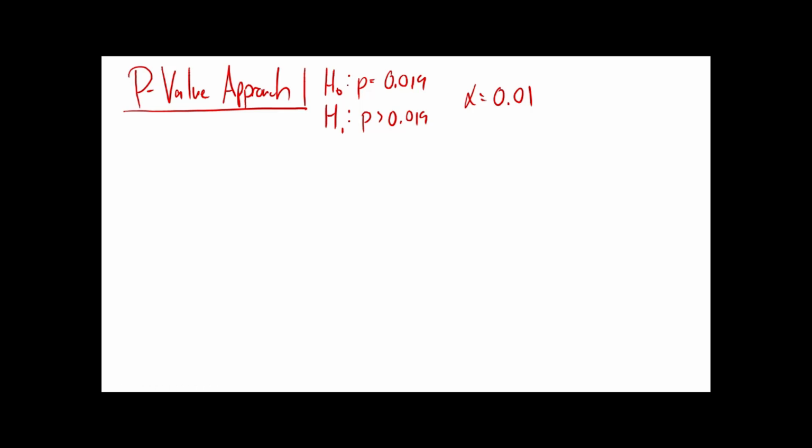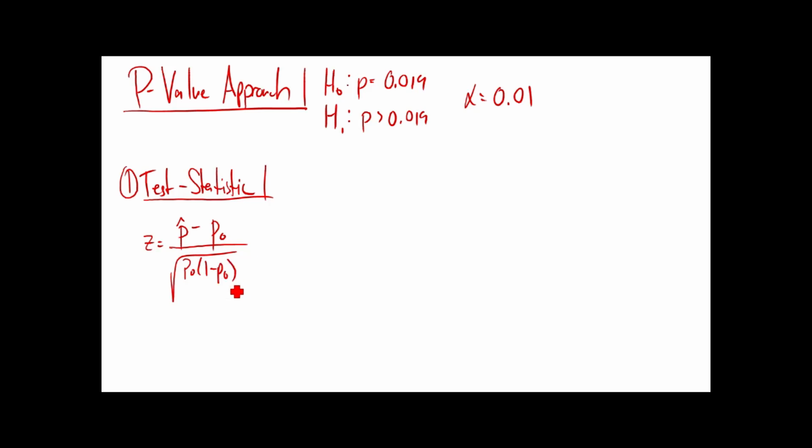But in a p-value approach, you go straight to the test statistic, the value we calculated. Which we already know, it was 0.65. We already calculated that in the last one, but you should be able to get the same answer if you do it again.